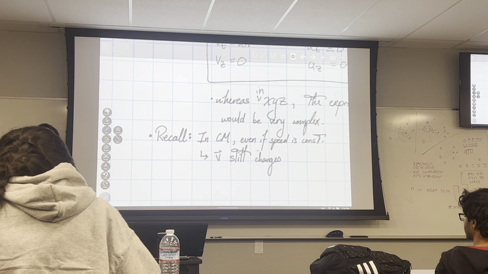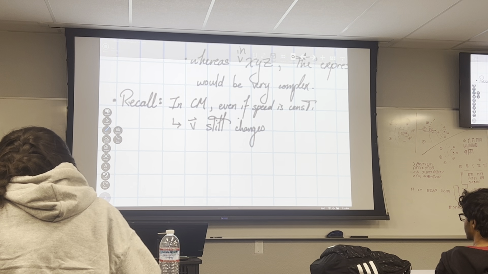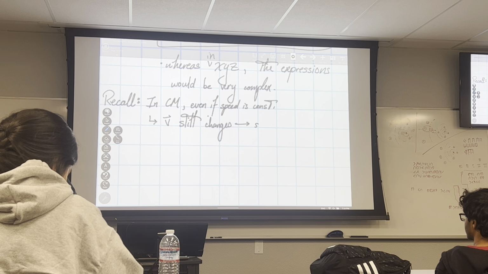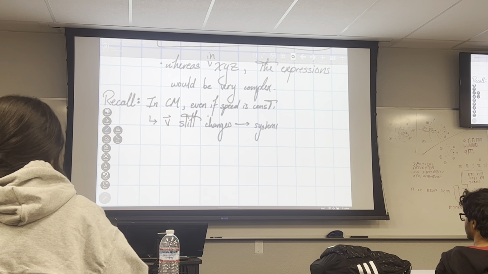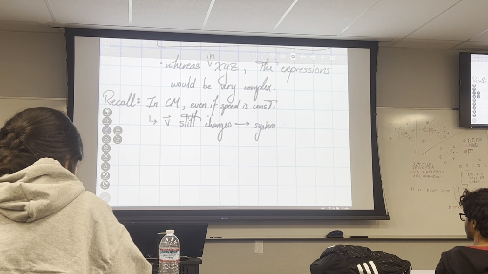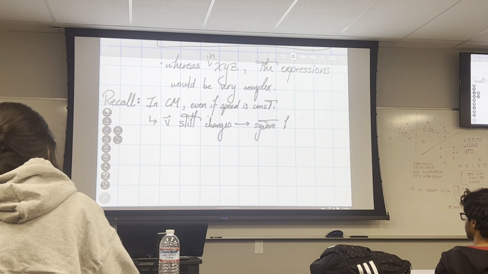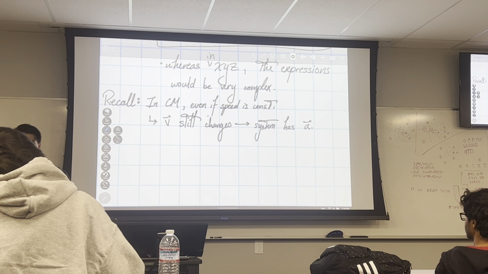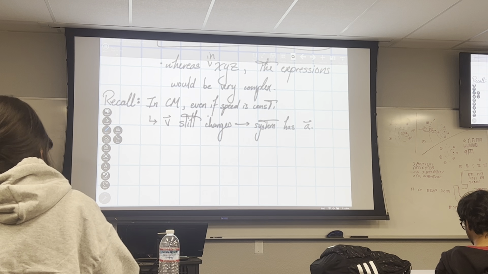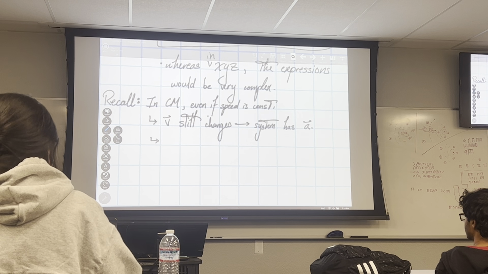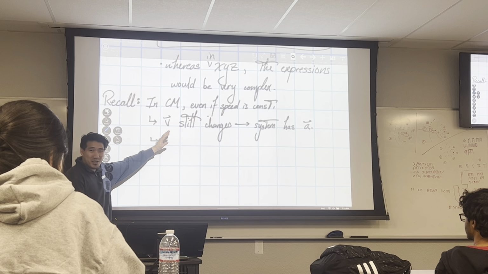So your velocity is changing just because the direction is. This means the system is accelerating, or has acceleration. Do you guys see where I'm going with this? This is how we're going to make a connection to dynamics in 2 dimensions.